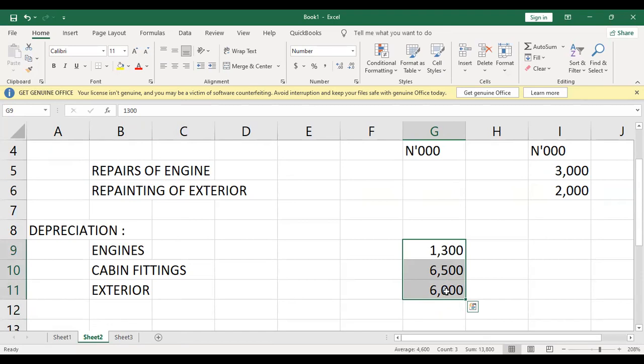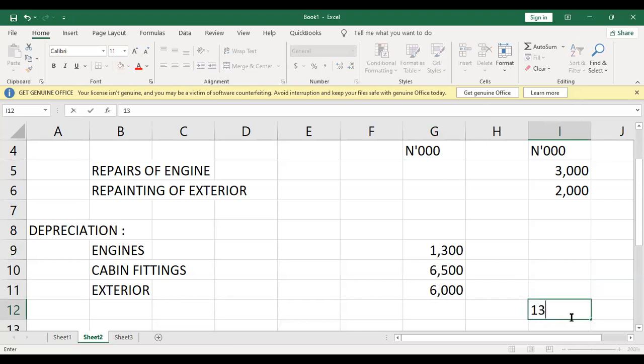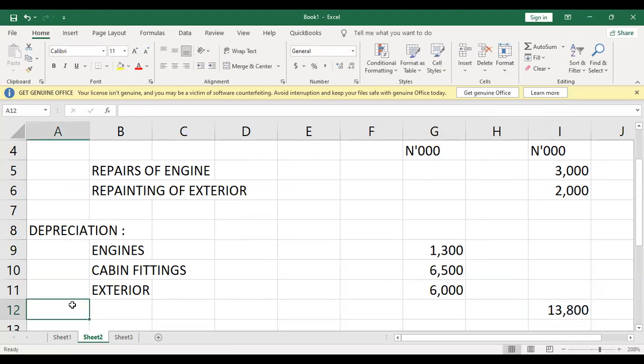13,800. 13,300. Okay, 13,800. This is for total depreciation. Thank you.